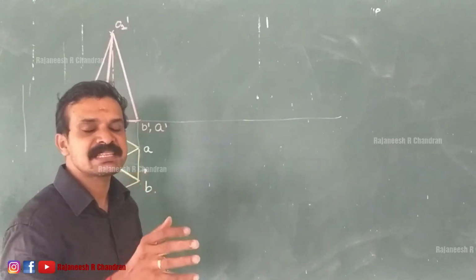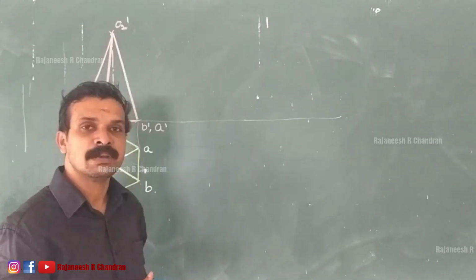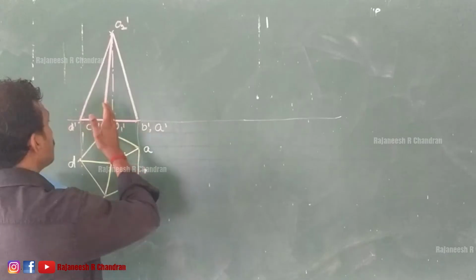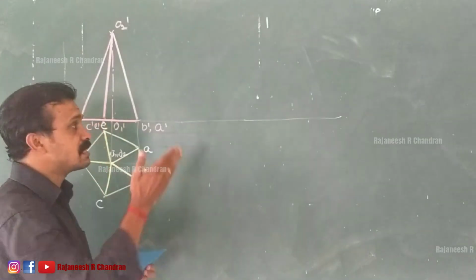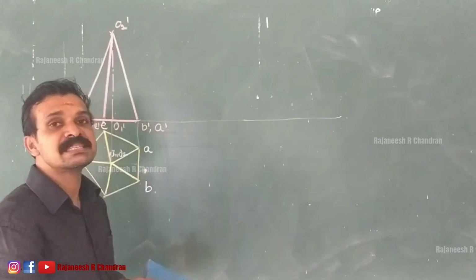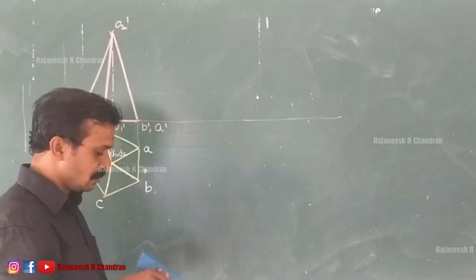So if the axis is inclined at an angle theta, the base will be inclined at an angle 90 minus theta. We can utilize this property, and since the axis is inclined at an angle 30 degrees, we can draw the base inclined at an angle 90 minus 30, that is equal to 60 degrees.